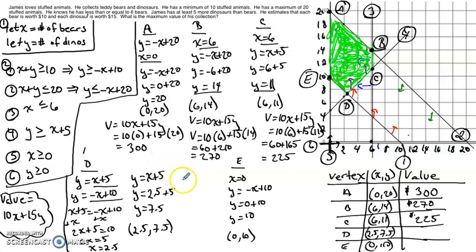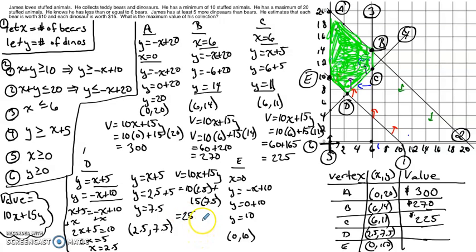Vertex D, so here our value equals 10x plus 15y. So that is 10 times 2.5 plus 15 times 7.5. So 10 times 2.5 is 25.